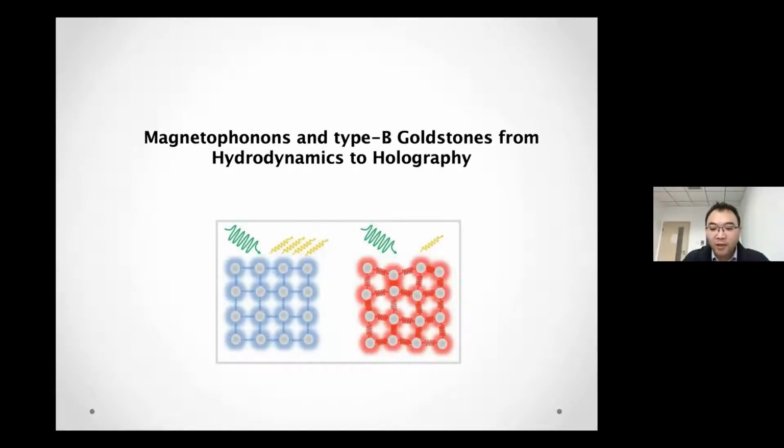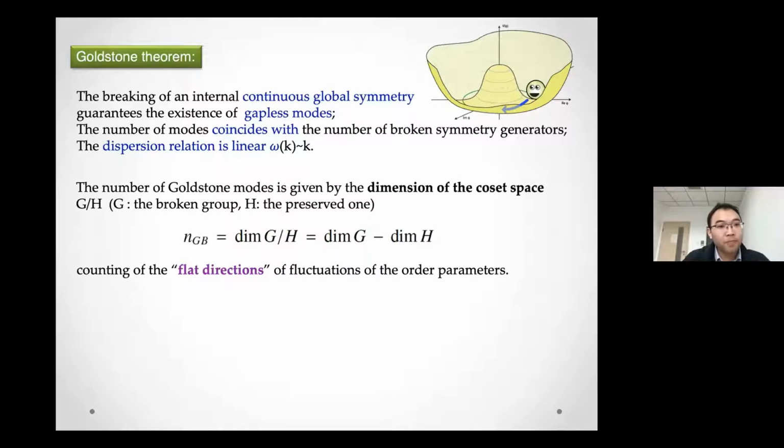A very nice example is the Goldstone theorem. It tells us that the breaking of any internal continuous global symmetry guarantees the existence of gapless modes, and the number of these modes is equal to the number of broken symmetry generators. Furthermore, the dispersion relation is linear, meaning the frequency and the wave number have a linear relationship.